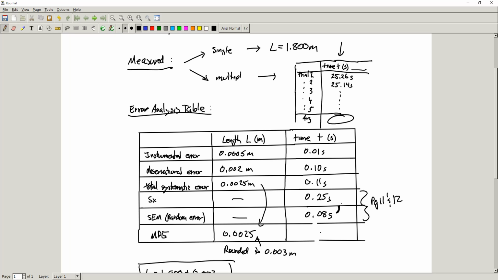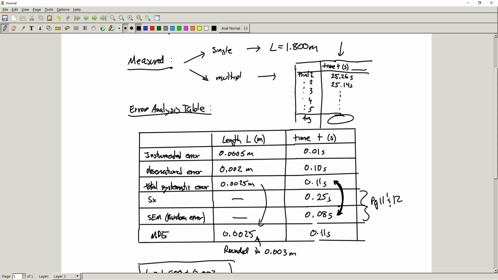If you divided 0.25 by the square root of 5, you probably would not find it was 0.08, but that doesn't matter. Basically, you need to calculate these two numbers, and then we take the greater of the two. Your MPE is either going to be your total systematic error or your random error, whichever one is greater. That's what we're doing in this lab. That's how we assess what our MPE is going to be. In this case, the MPE is going to be 0.11 seconds.